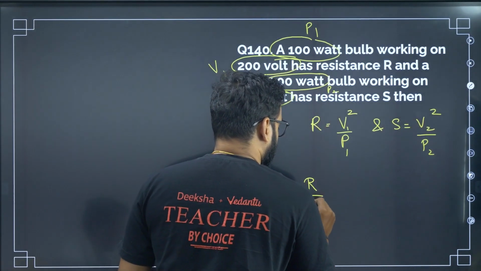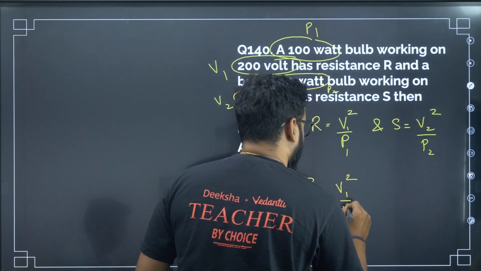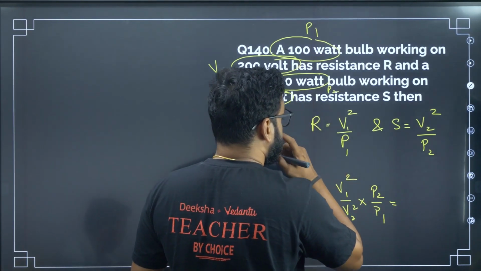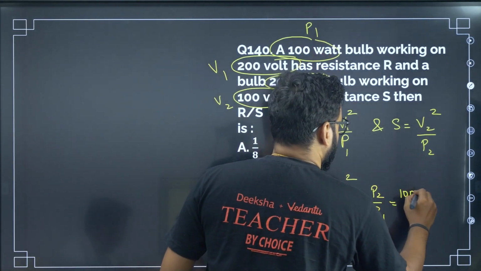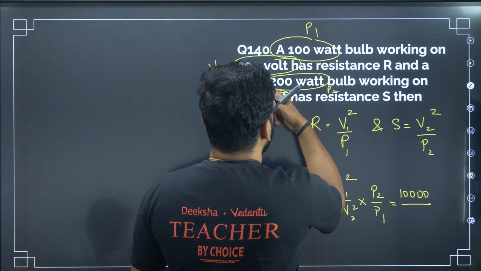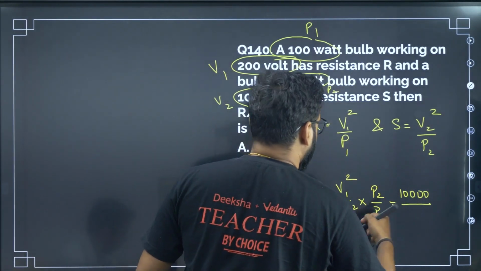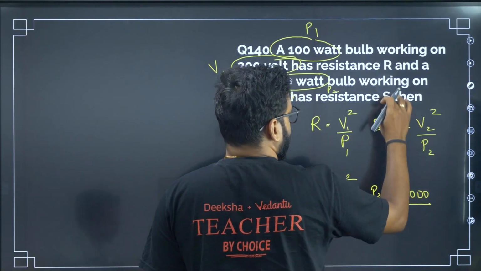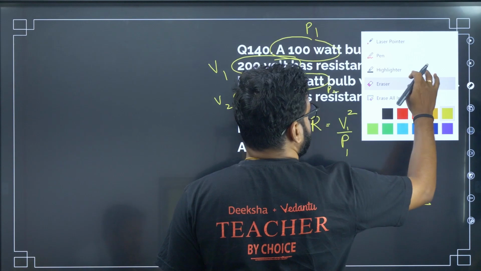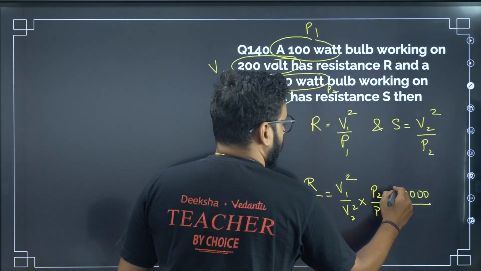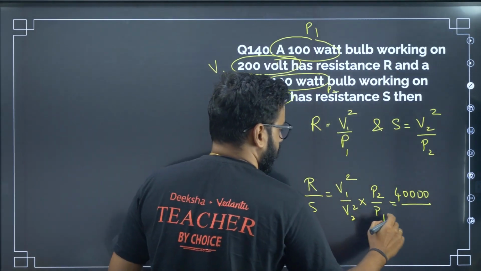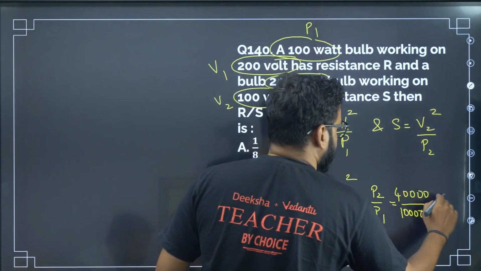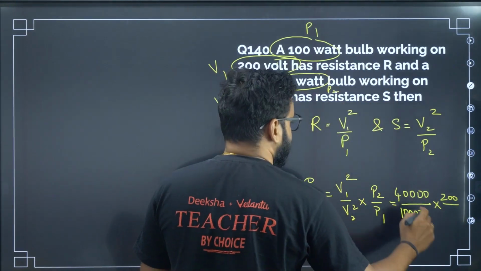Now take the resistance ratio R by S, which is equal to V1 square by V2 square into P2 by P1. Substitute all the values. V1 square is, sorry, not 10,000, it is 40,000, since 200 squared is 40,000, divided by V2 square, which is 10,000, into P2, which is 200, divided by P1, which is 100.